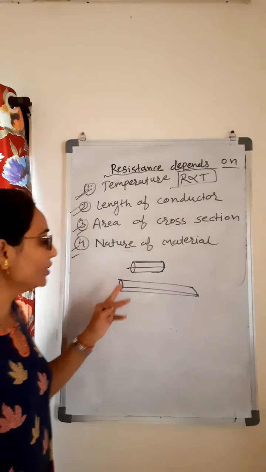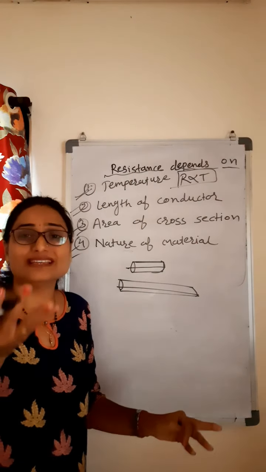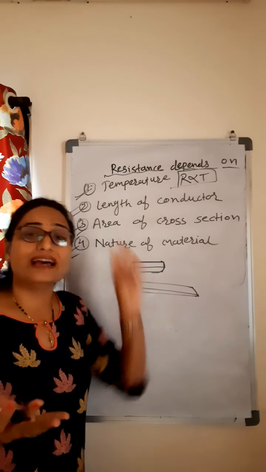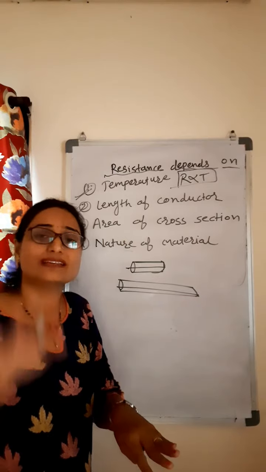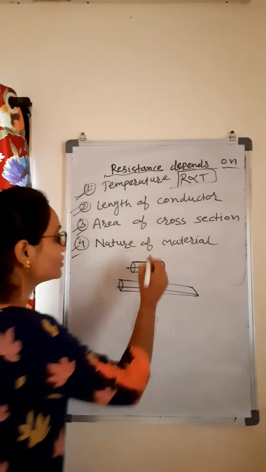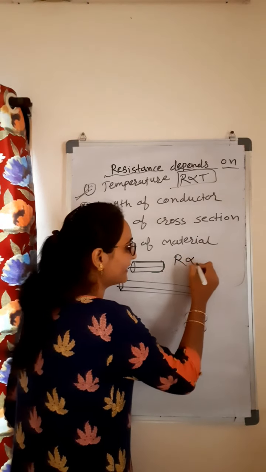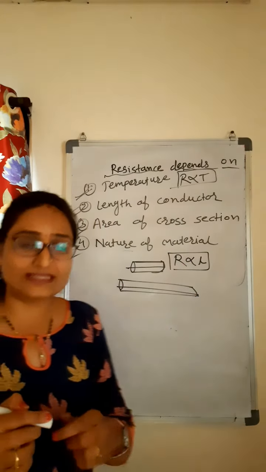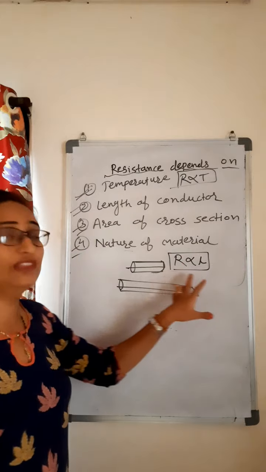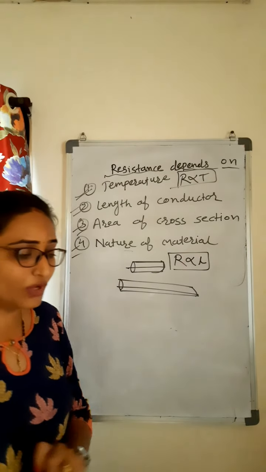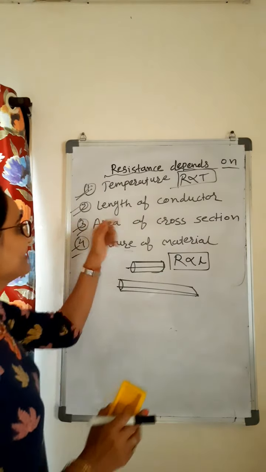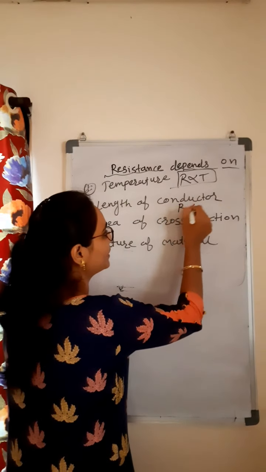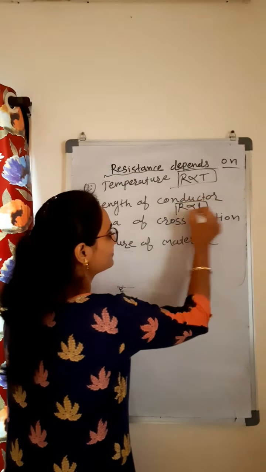So as length increases, resistance of the conductor also increases. As length decreases, resistance also decreases. So this is how the resistance is directly proportional to the length of the conductor.